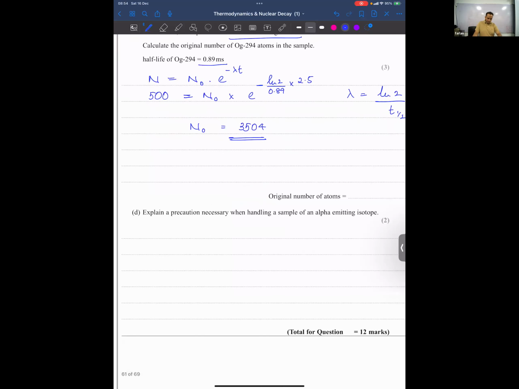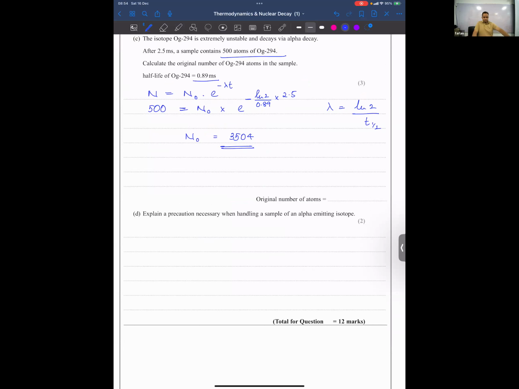Explain the precaution necessary when handling a sample of an alpha emitting isotope. Use your common sense and tell one. Reduce the exposure time. Correct. And use long handles. Try to increase the distance between you and the source.